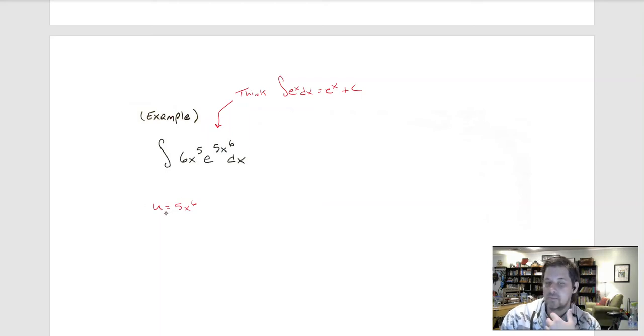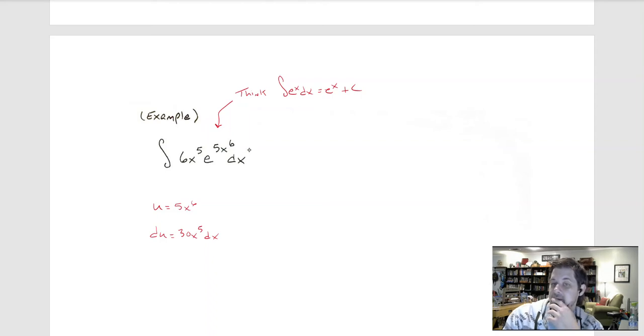So to follow with the rest of that, I take the derivative of both sides of this to get the differentials involved. Okay, so I get du, the derivative of the left-hand side of that. And what's the derivative of 5x to the 6th power? So I bring the 6 down, and I get 30x to the fifth power dx.